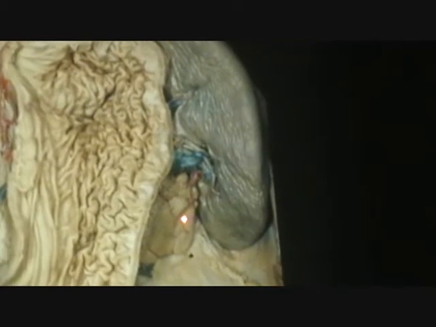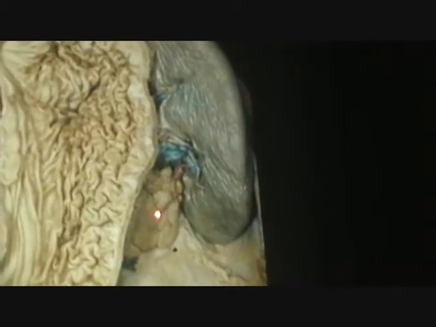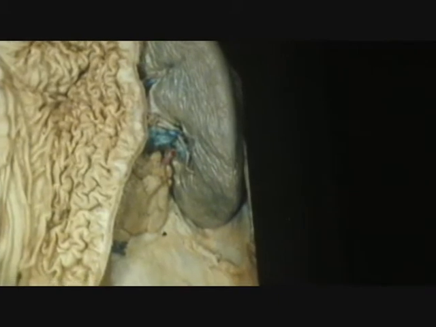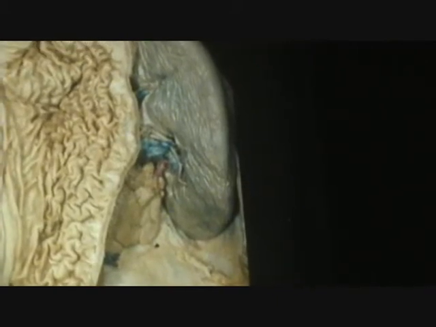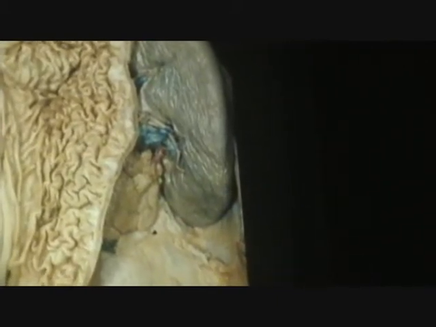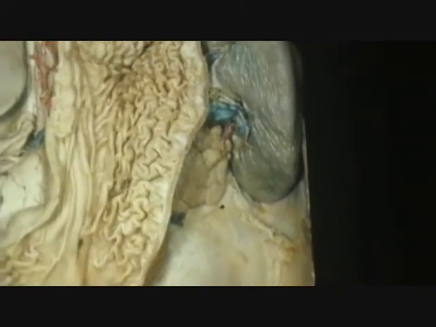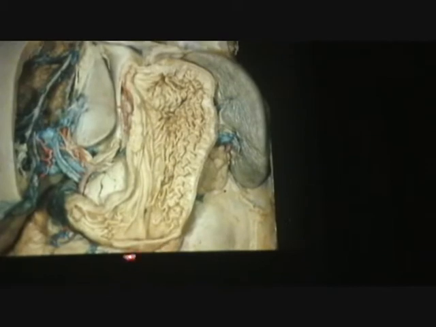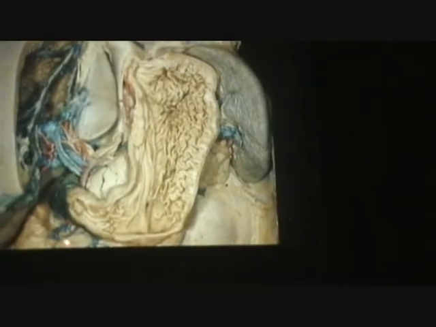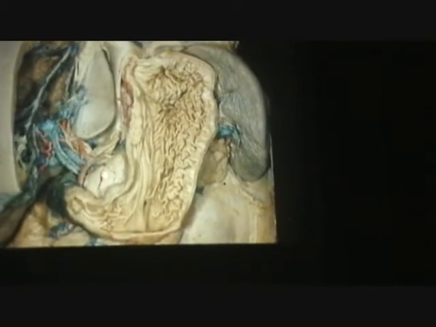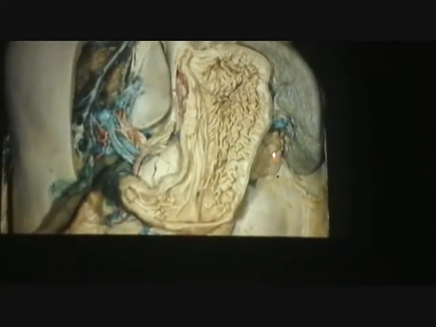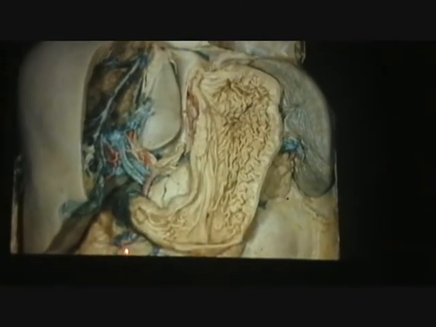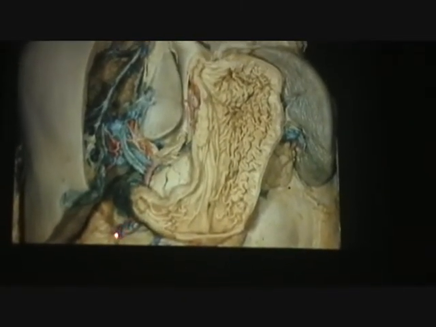So that's one of the best presentations you'll ever see of the normal positioning of this organ, which is the human pancreas, which is usually torn off the back wall and hanging out here. As far as the normal presentation of this organ, this is the best you'll ever see, other than cut yourself open and look at yourselves.